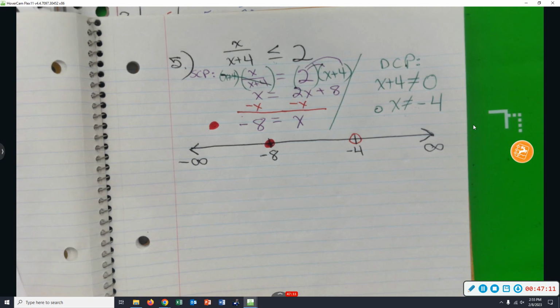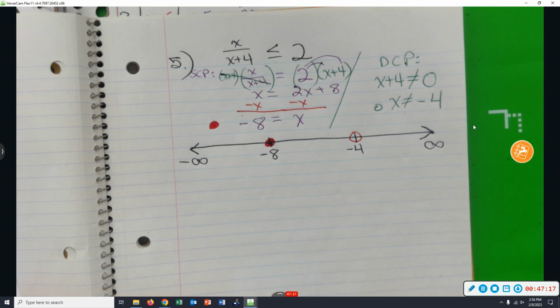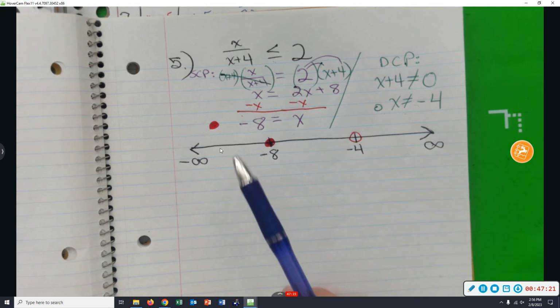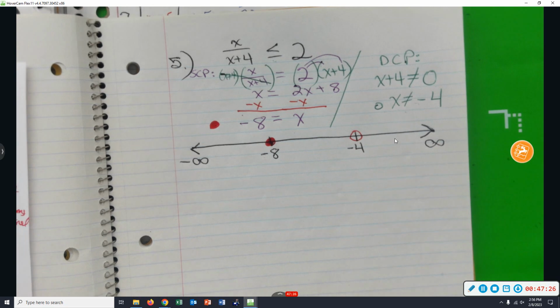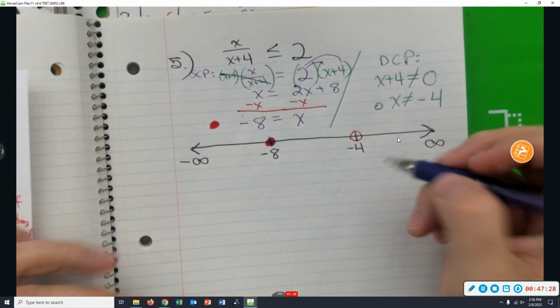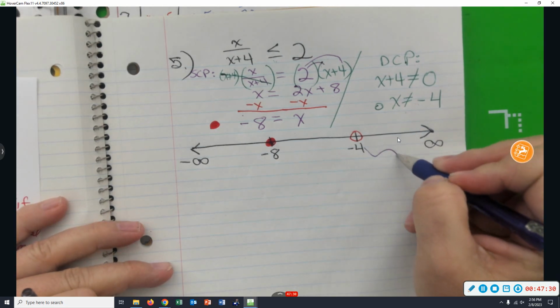But I'm not running out of time. I don't have to guess. I'm going to choose a number and test the interval. What number is my favorite number to test? 0. 0 is easy to plug in. Which interval contains 0? Interval 1, 2, or 3? Number 3. So 0 is always between a negative and a positive number.